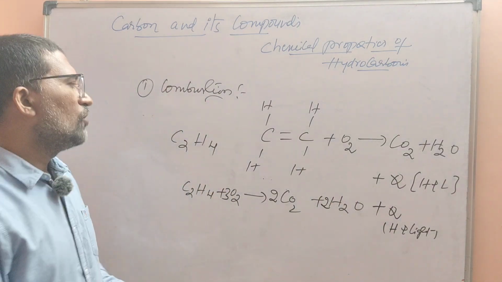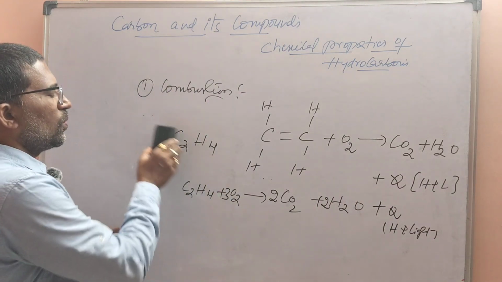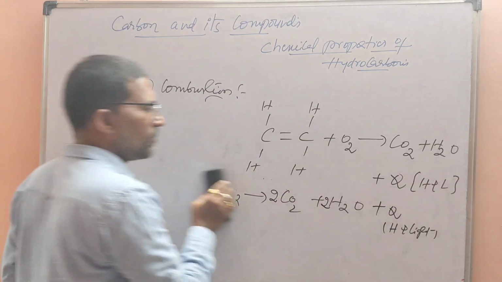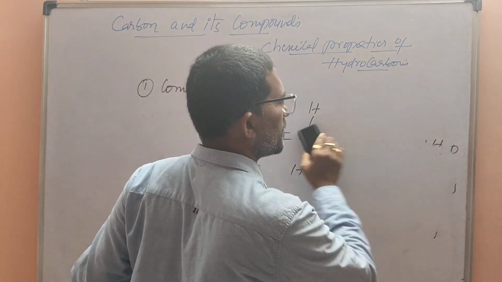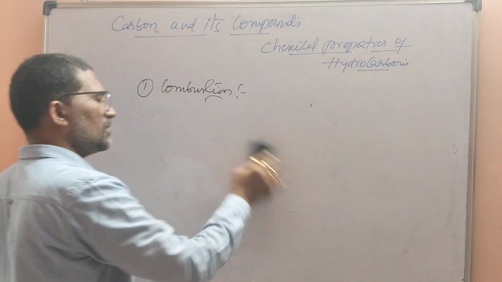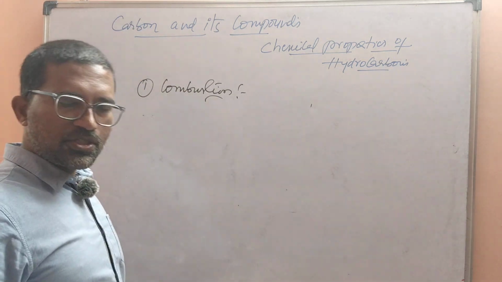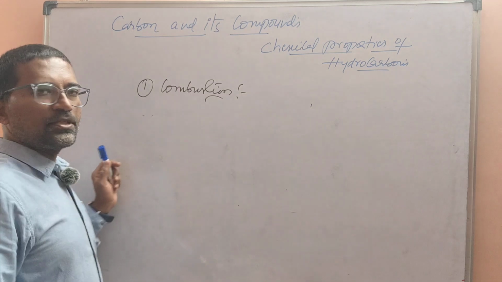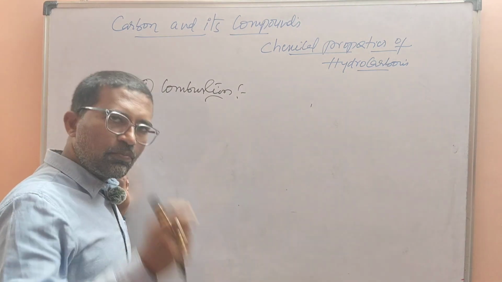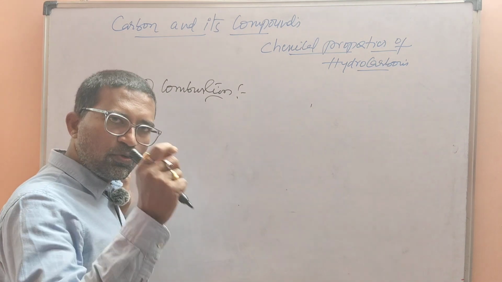Now we should have some basic idea. What is the meaning of complete combustion and incomplete combustion? Combustion is of 2 different types. One is called complete combustion, the next is incomplete combustion. During complete combustion, the flame so obtained appears blue in color.